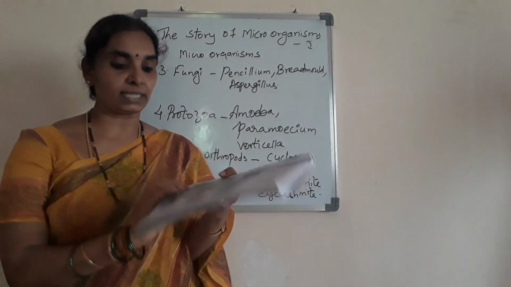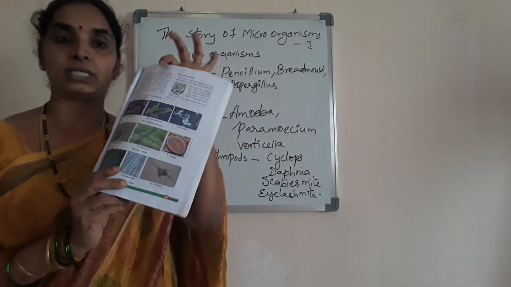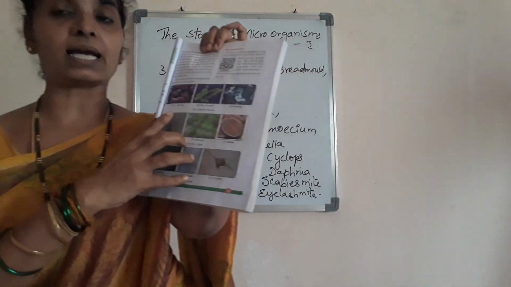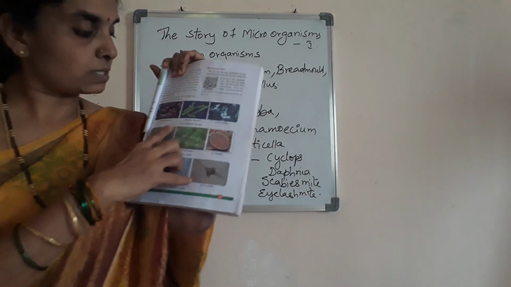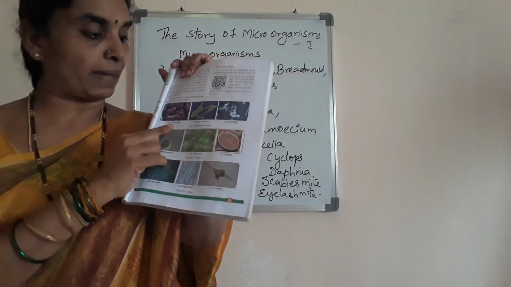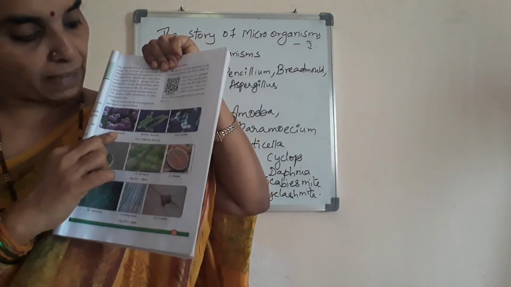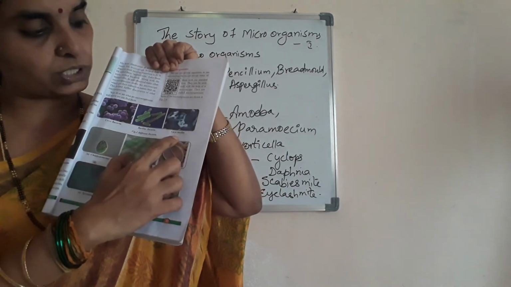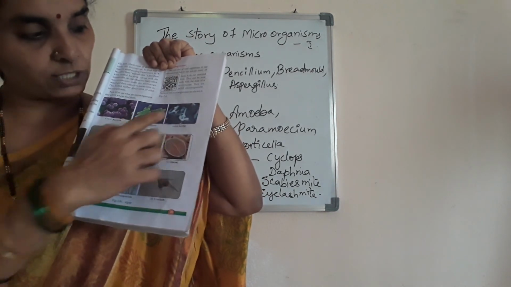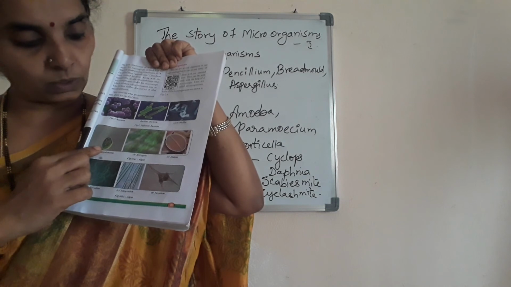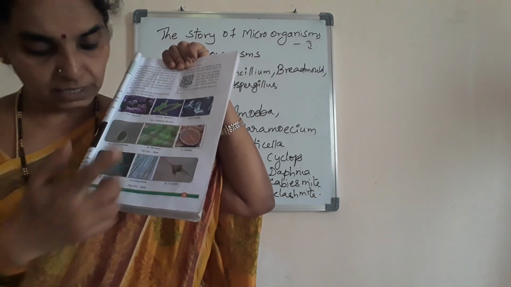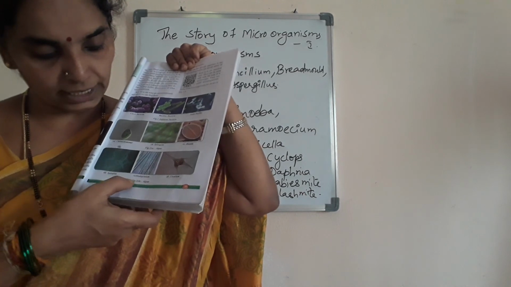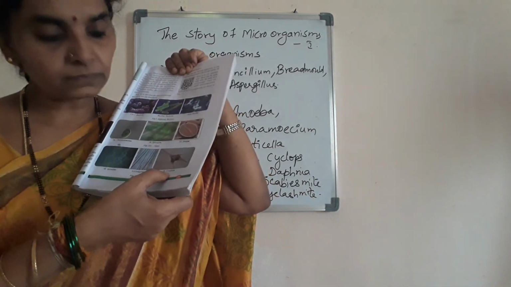So take your textbook page number 29, children, and observe each bacteria, fungi, algae, protozoans and microarthropods. So these are the different pictures of the bacteria. Bacillus bacteria, Lactobacillus, which is present in the milk. These are the algal varieties: Chlamydomonas, Spirogyra, Diatoms, present in the seas and oceans, Spirulina, Oedogonium, Serratia.